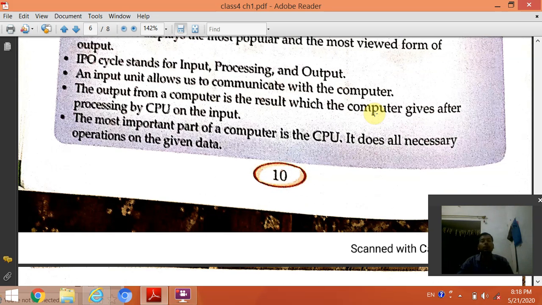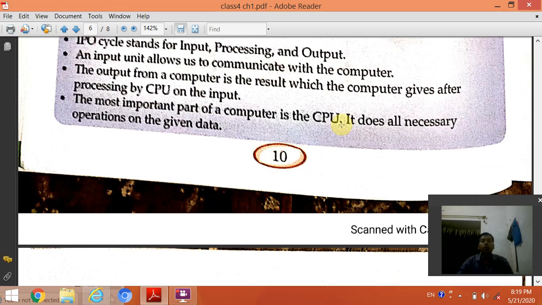The output from the computer is the result which the computer gives after processing by the CPU on the input. Firstly, we have to give input. After that, the CPU processes the given input and gives output or result.